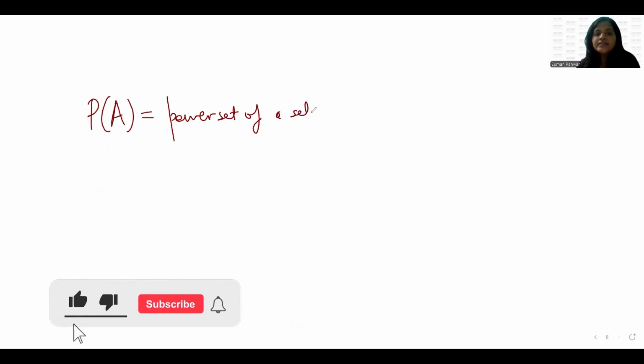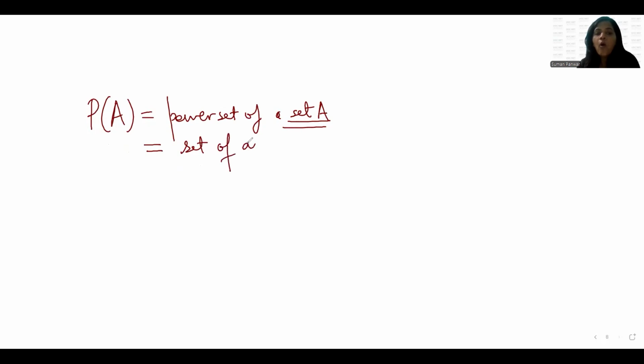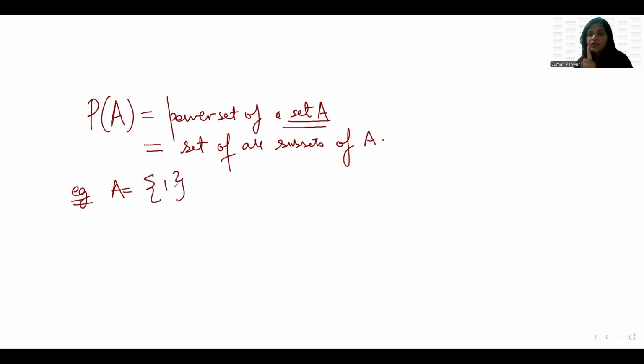Now we discuss power set, P(A). This is called the power set of a set A. This is the set of all subsets of A. So for example, if A is the singleton {1}, that means there is only one element.